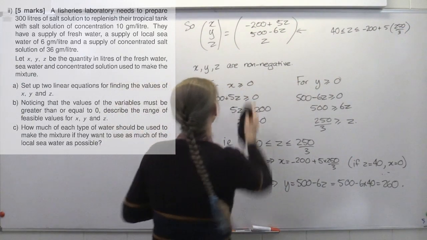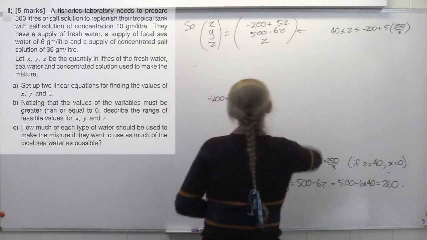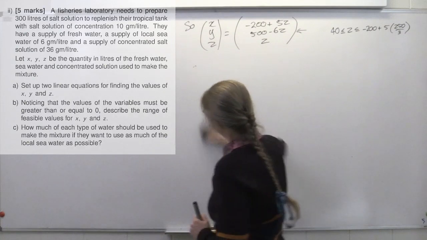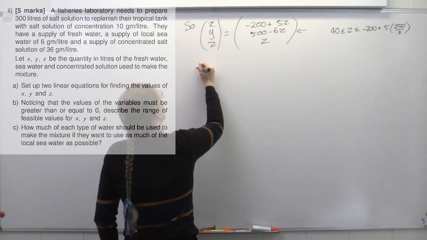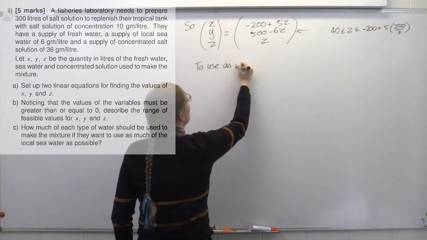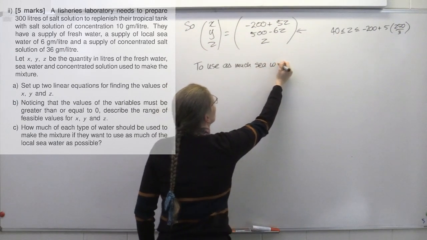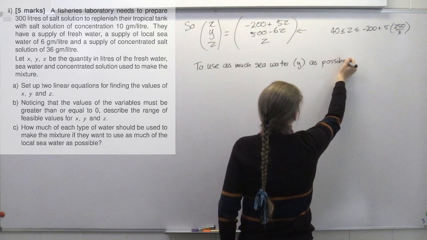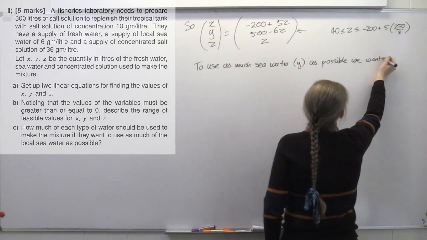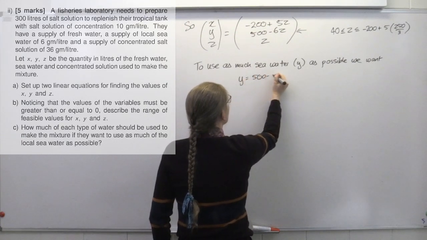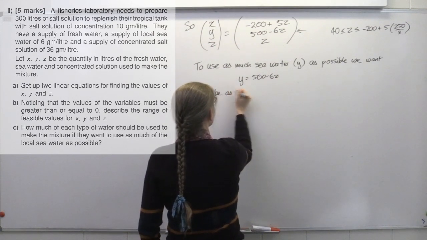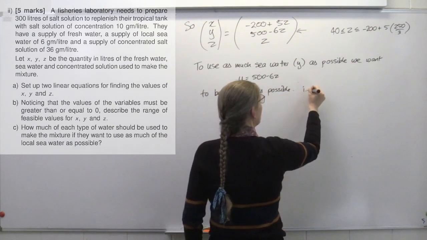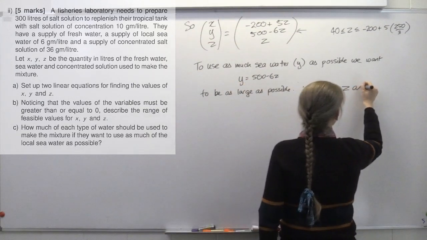All right, I'm going to make some more room. Okay, to use as much seawater, which is the y, as possible, we want y equals 500 minus 6z to be as large as possible, i.e. make z as small as possible.